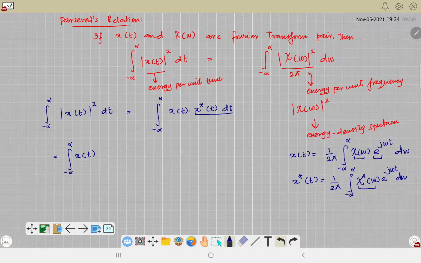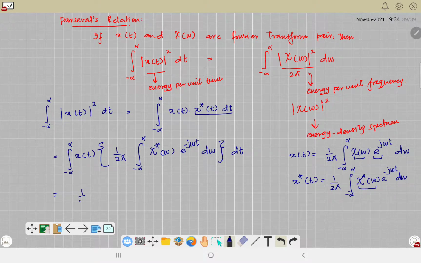So for this we will use this kind of relationship, that is, it will be 1 upon 2 pi, minus infinity to plus infinity, X conjugate omega e raised to the power minus j omega t d omega. Fine. And then there will be its own d of t. Then we will rearrange some terms.